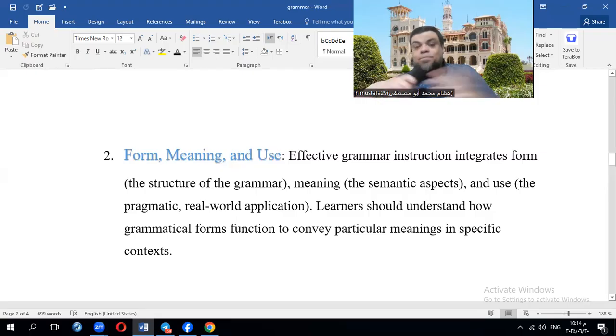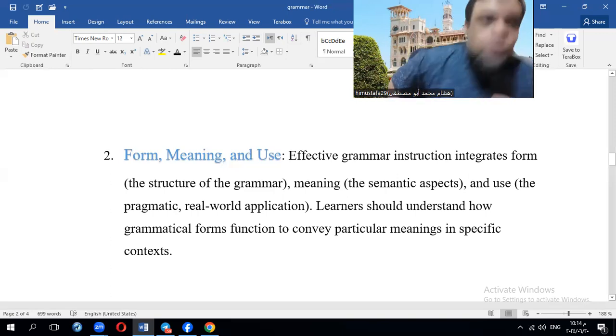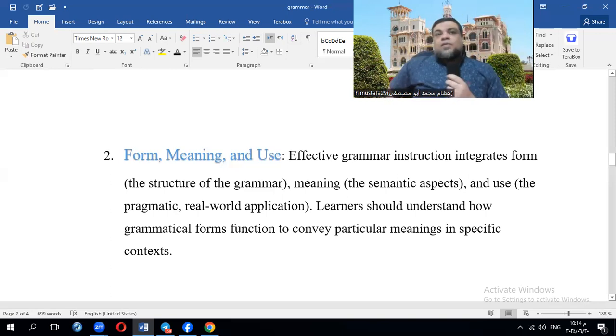So here, it's syntax, semantics, and pragmatics. They are integrated. So when I teach you that when you want to ask for something, you can say, give me a pen. Could you give me a pen? I'll be grateful if you could give me a pen.